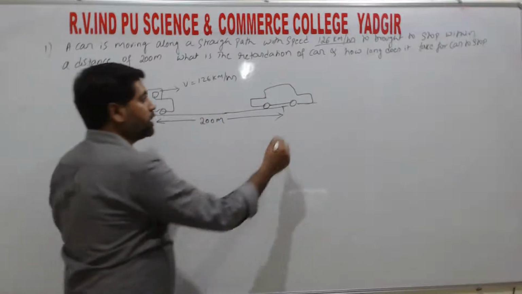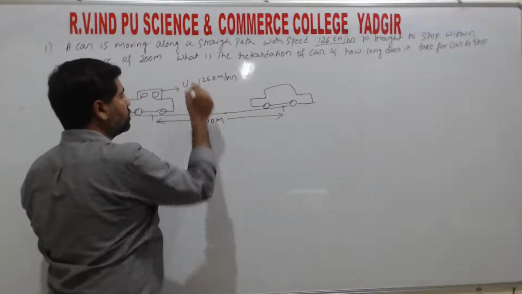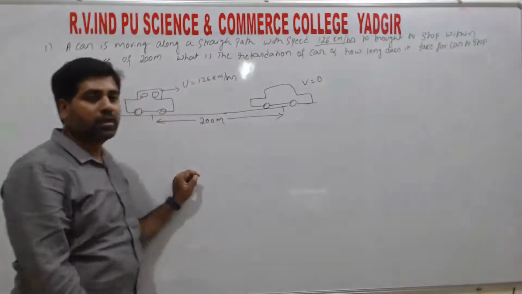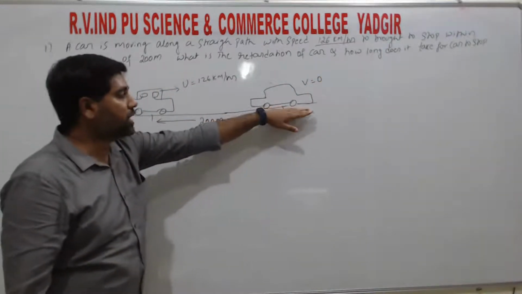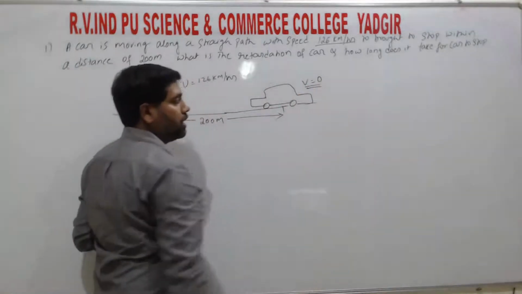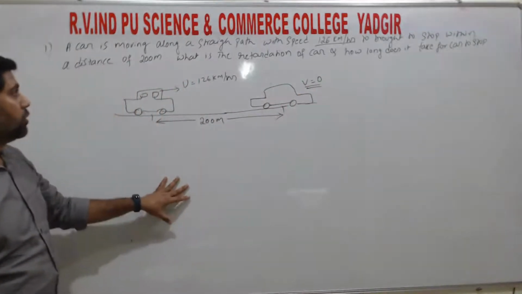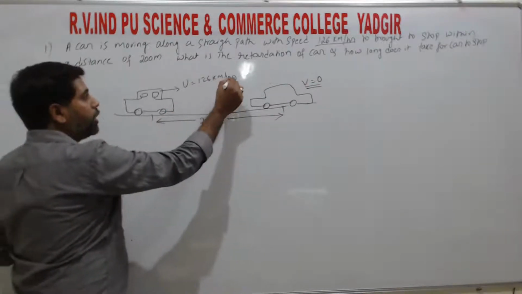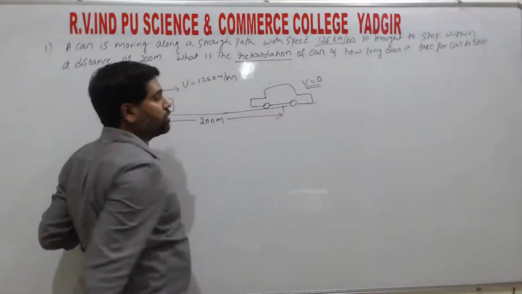When it stops, given the initial velocity u, the final velocity is 0 because the car is at rest after it covers 200 meters. So this is the given data, right? Next, what we are going to find is the retardation of the car.